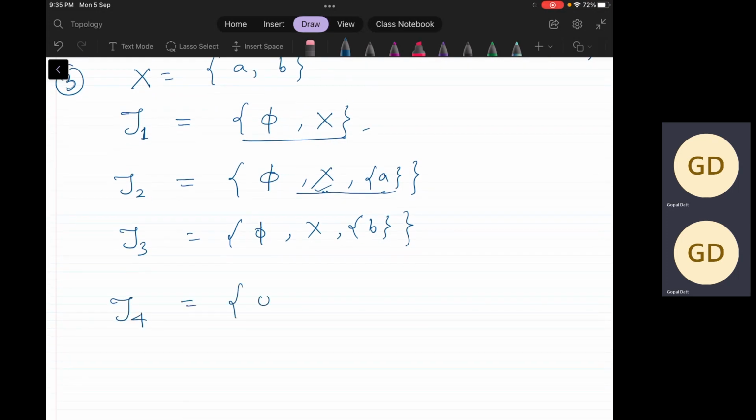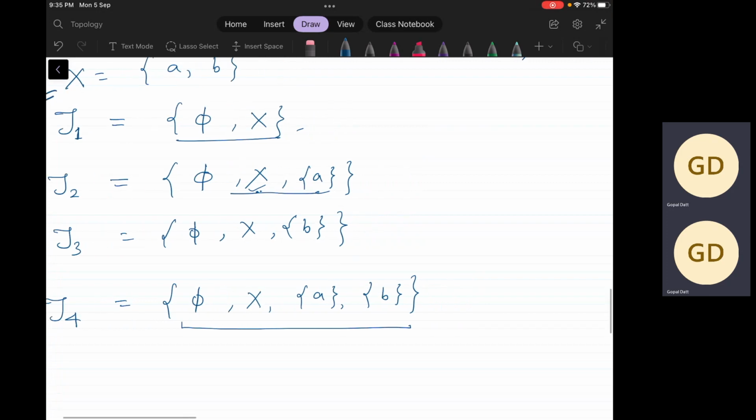Yes, there is one more topology: phi, X, A, B. In this topology we have taken all subsets of X. This topology is called the discrete topology, and these topologies are called Sierpinski topology.